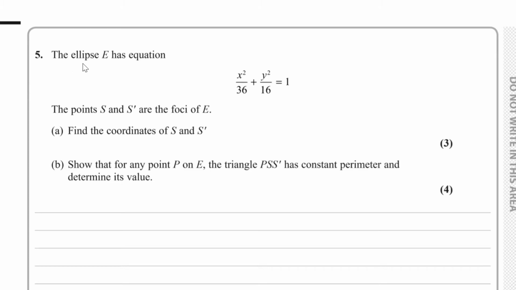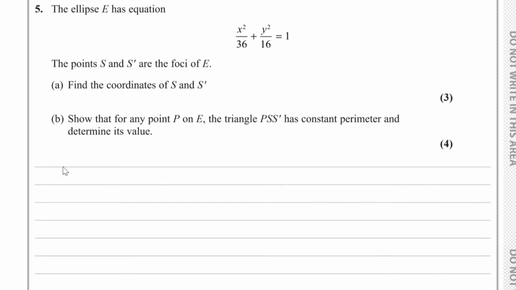Question number 5. The ellipse E has equation x squared over 36 plus y squared over 16 equals 1. The points S and S' are the foci of E, and for part A we have to find the coordinates of S and S'. Well, if we rewrite our ellipse in a different form, we can rewrite this as x squared over 6 squared plus y squared over 4 squared equals 1.